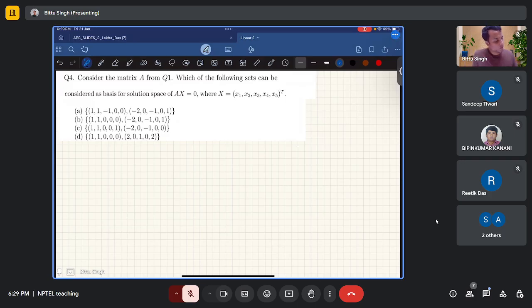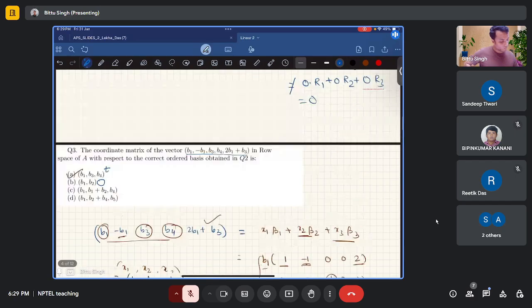So you know that if x satisfies the condition Ax equal to 0, then if and only if it also satisfies Rx equal to 0, where Rx means the row reduced echelon form. Right? If Ax equal to 0, then R times x will be 0.